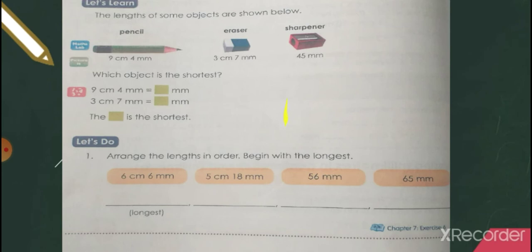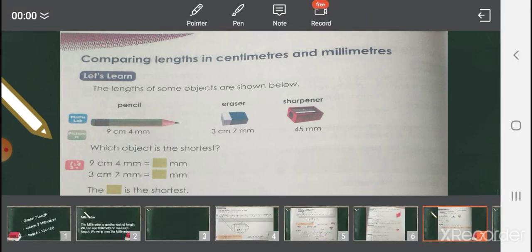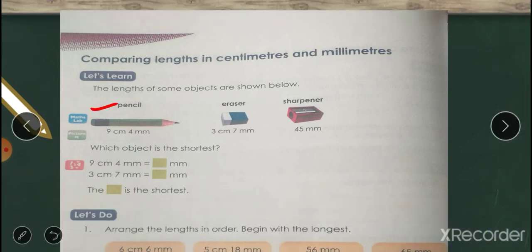Now the next we have comparing lengths in centimeters and millimeters. The lengths of some objects are shown below. You can see here a pencil, eraser, and sharpener. The length of the pencil is 9 centimeters and 4 millimeters.